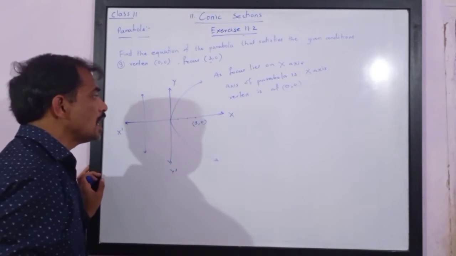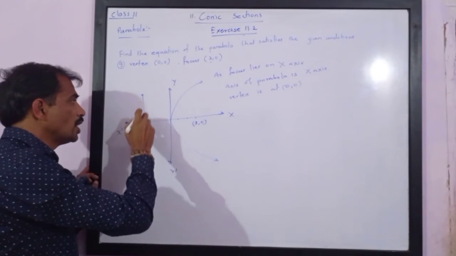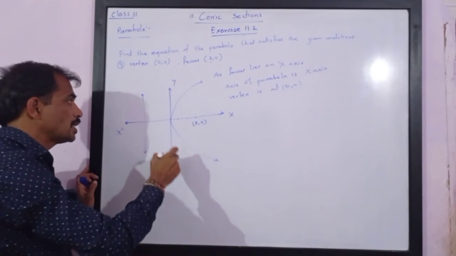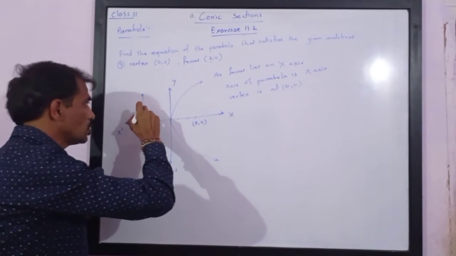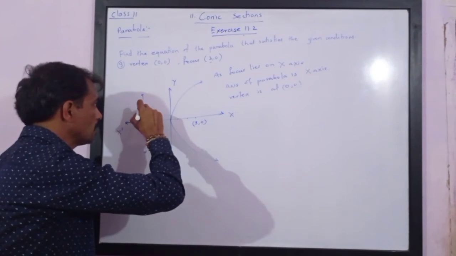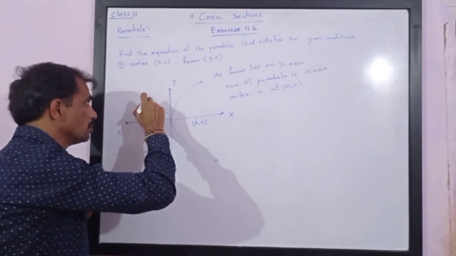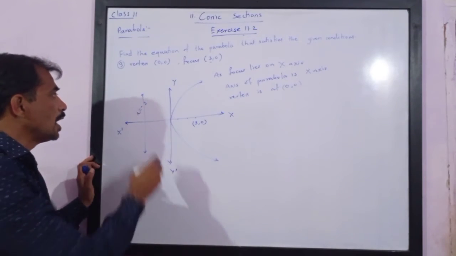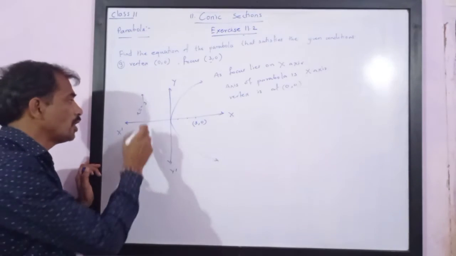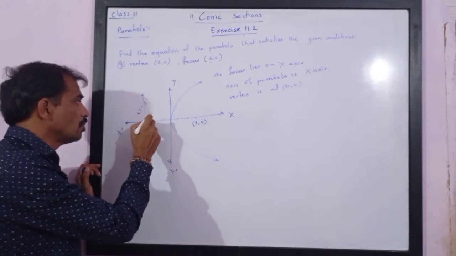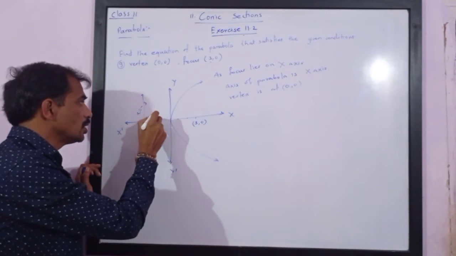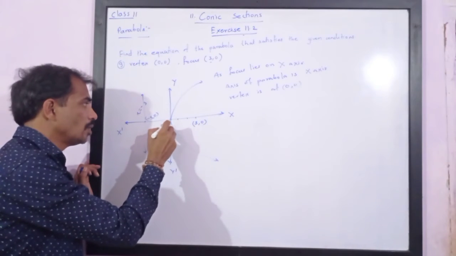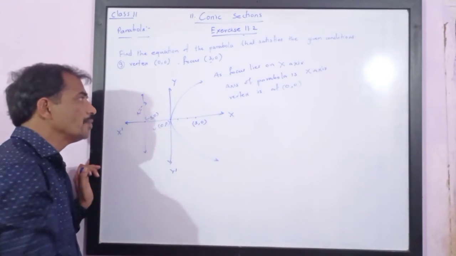So if focus is (3, 0), then the equation of the directrix will be, please note, it is parallel to the y-axis, perpendicular to the x-axis. So this is x equal to negative 3. So the equation of directrix is x equal to minus 3 and the foot of the directrix is at (minus 3, 0). Vertex is (0, 0).